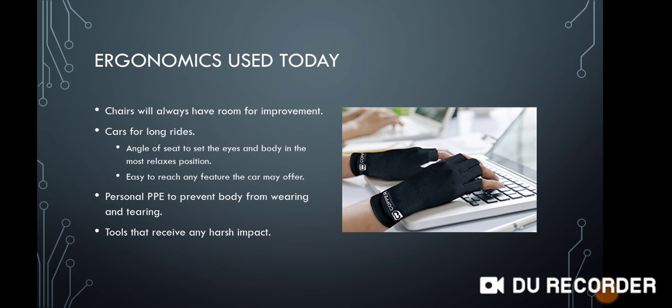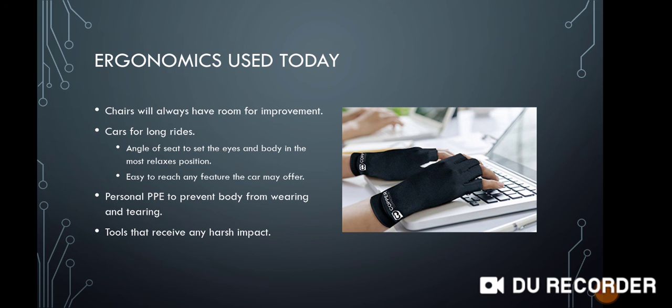Ergonomics used today. Chairs will always have room for improvement. Every person is different, so it's always best to try out different chairs. And aside from any industry, there are also cars for long rides.